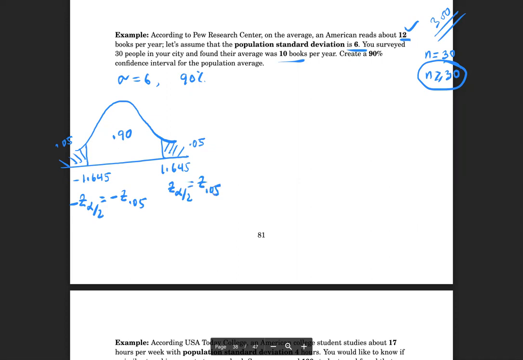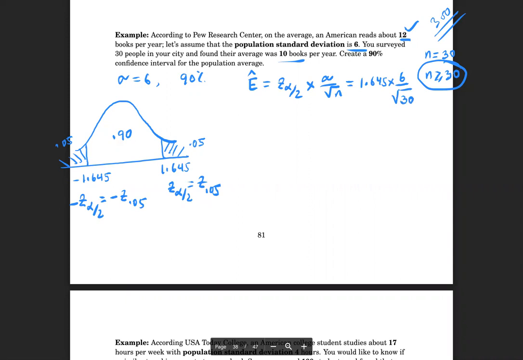Now, my margin of error is going to be, sorry, not sigma times, take it back, z sub alpha over 2 times sigma over square root of n. Z sub alpha over 2 is 1.645, times 6, which is the sigma, over square root of 30.